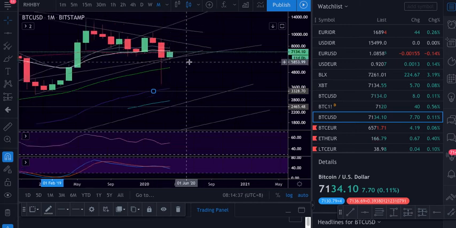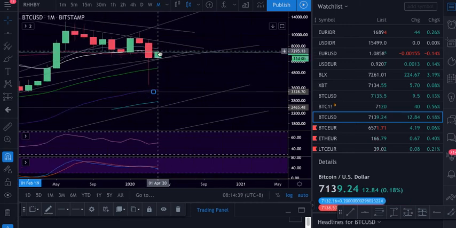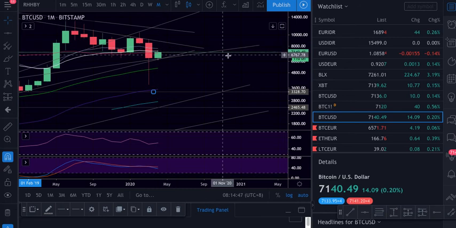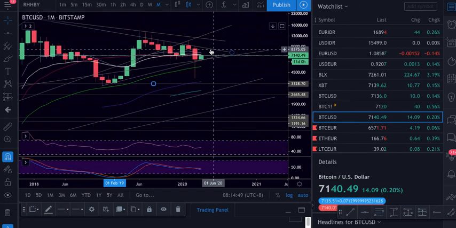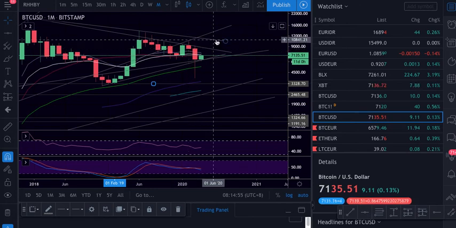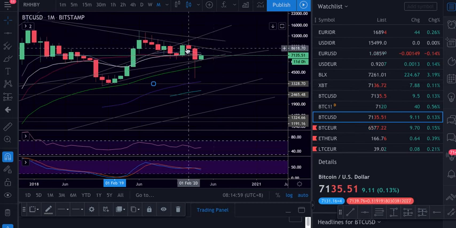We are now, as we know, we rejected the first time the 21, and we still didn't reject the 12, which is this line here, this moving average. Personally, I see the week coming and getting rejected from this area or from this trend line to put everyone to buy. I don't know.